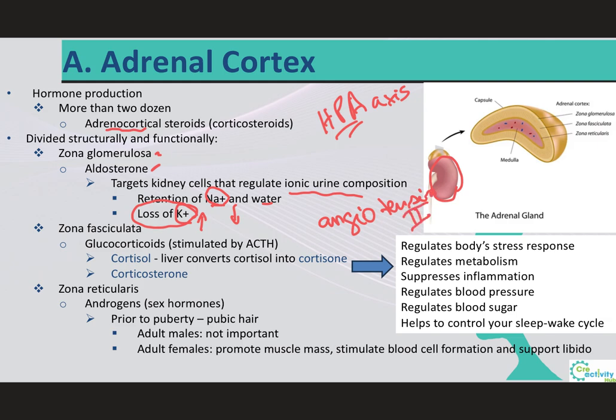And angiotensin II causes vasoconstriction, which will then increase the blood pressure. Therefore, all these hormones have basically the same function, which is to decrease water loss and increase blood pressure.